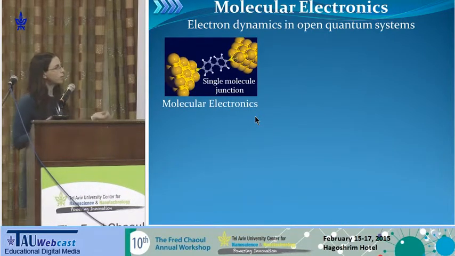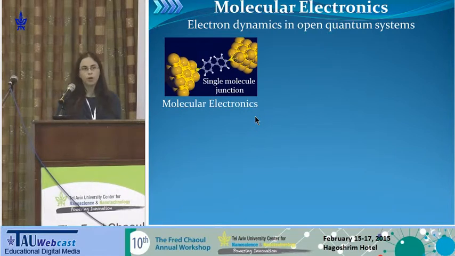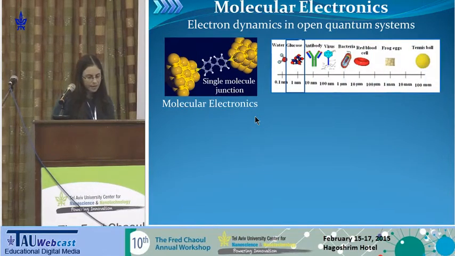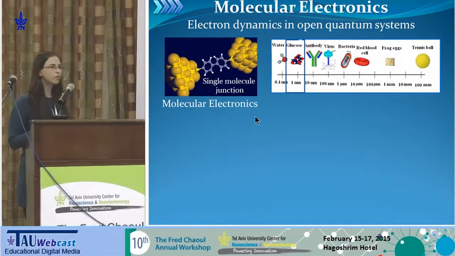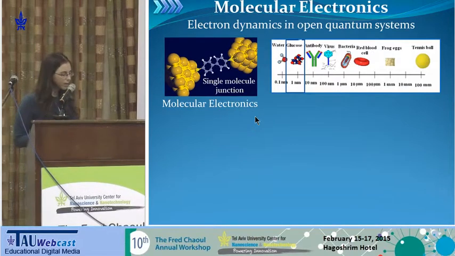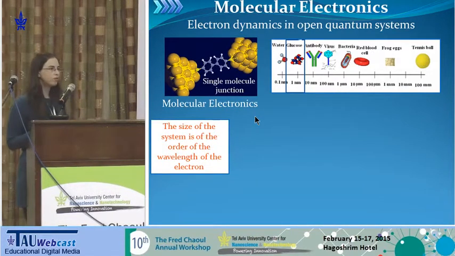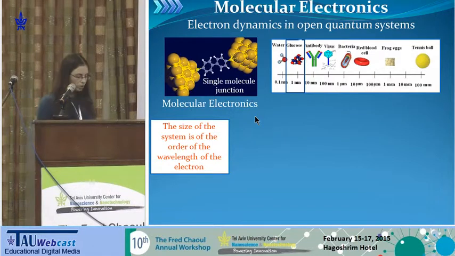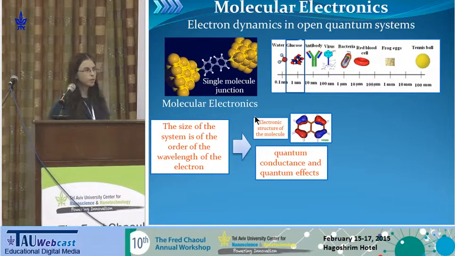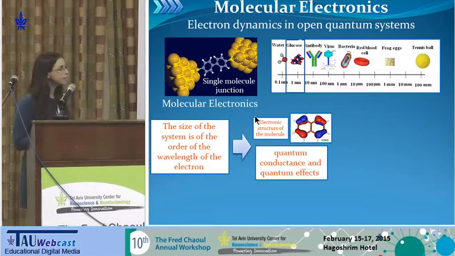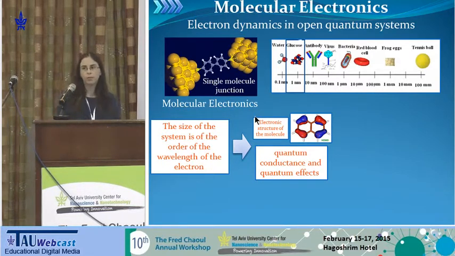Now, when working on the molecular scale, as we do in molecular junctions, the size of the system is of the order of several nanometers, meaning it is of the order of the wavelength of the electron. So as a result, we now have quantum conductance and quantum effects in the system, and the electronic structure of the molecule starts to play a role.